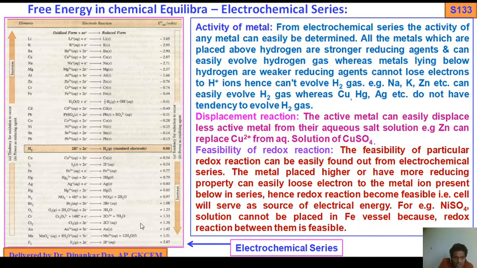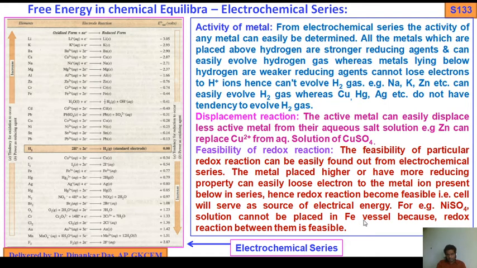This is the strong oxidizing agent, potassium dichromate. Okay, Cl2 1.36, Au3 plus 1.42, permanganate KMnO4, a strong oxidizing agent, reduction potential value 1.51, F2 the most oxidizing power 2.87. So this is the value of electrode potential for reducing agents above hydrogen and oxidizing agents below hydrogen.